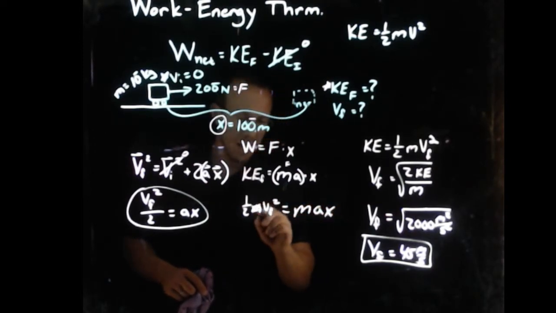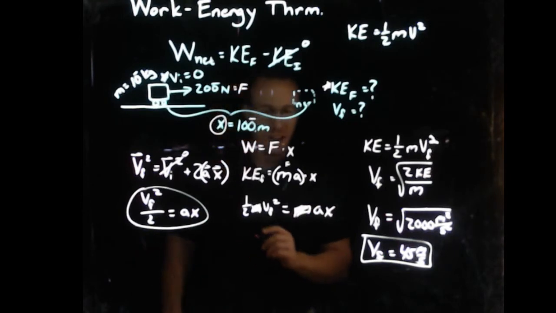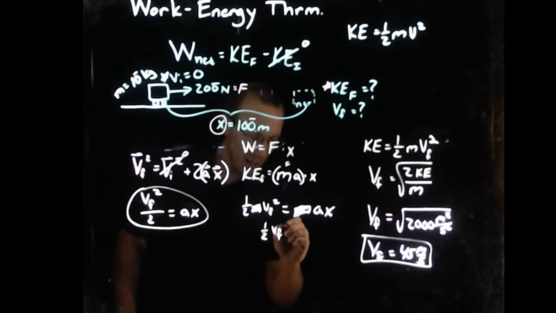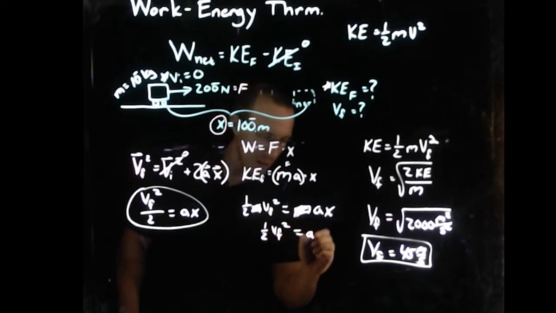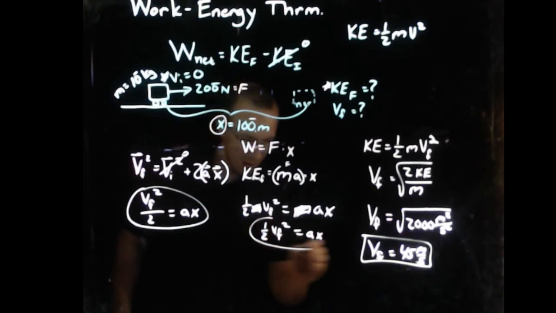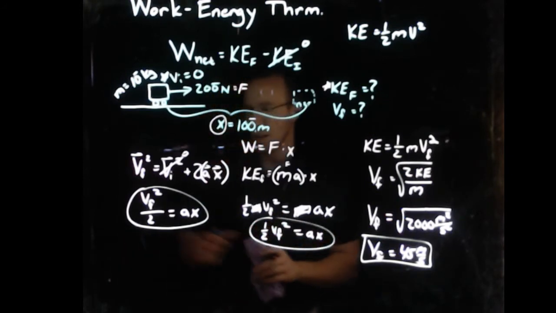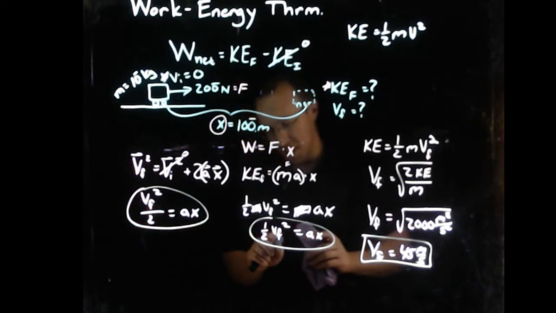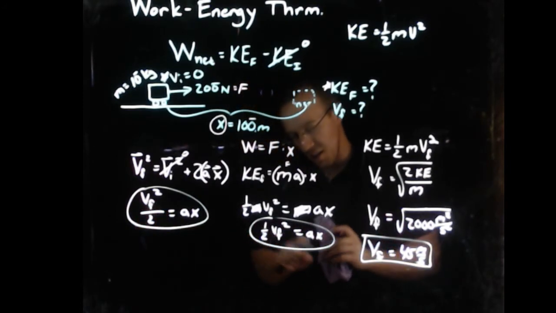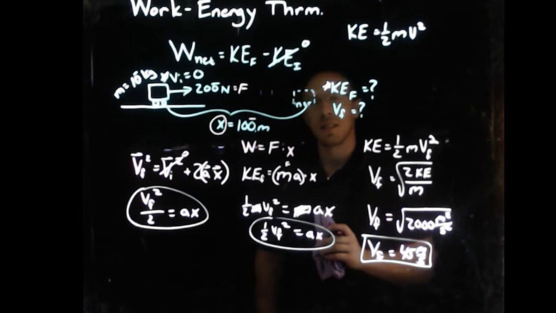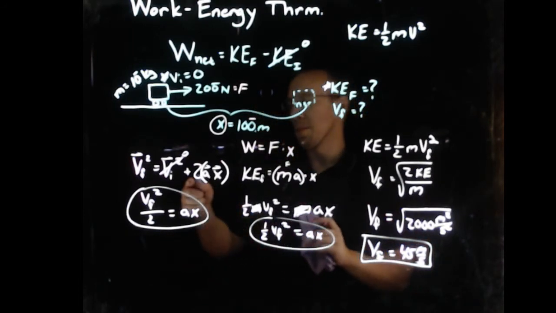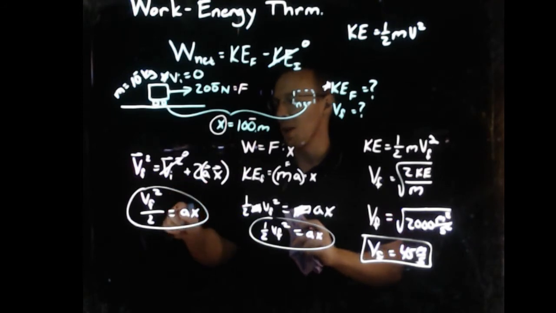You'll notice that our masses cancel, and look at this right here: 1/2 of vf squared is equal to ax. So you see this? vf squared divided by 2, this is the same thing, vf squared divided by 2 equals ax.